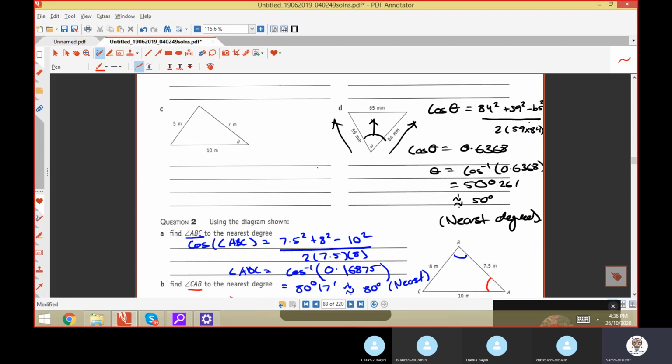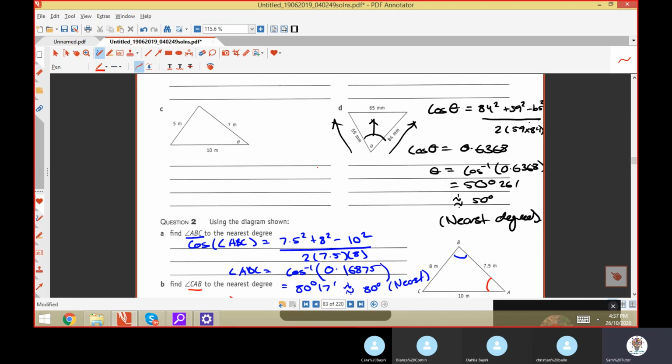Yeah, so we have cosine to put it all in. So the end process of this is, if you just get really used to these formulas, you don't have to start at the very beginning.